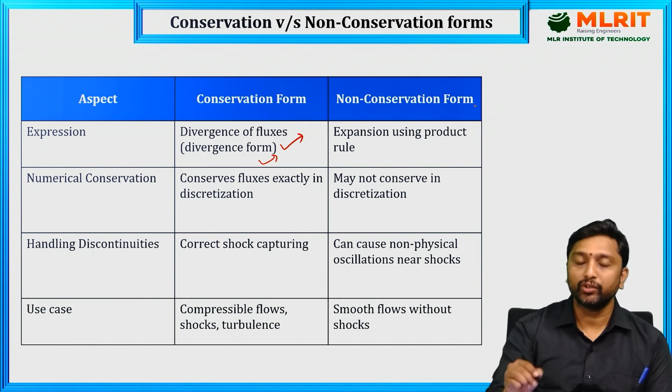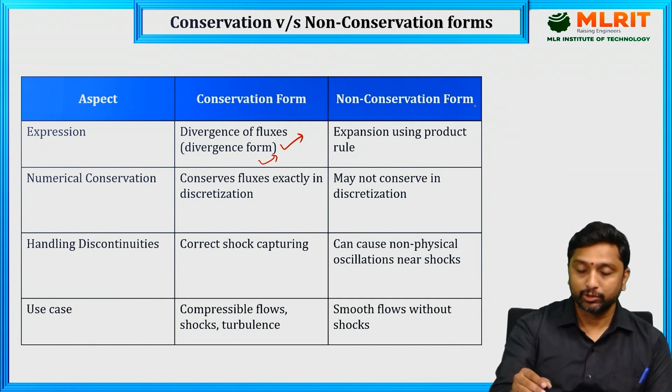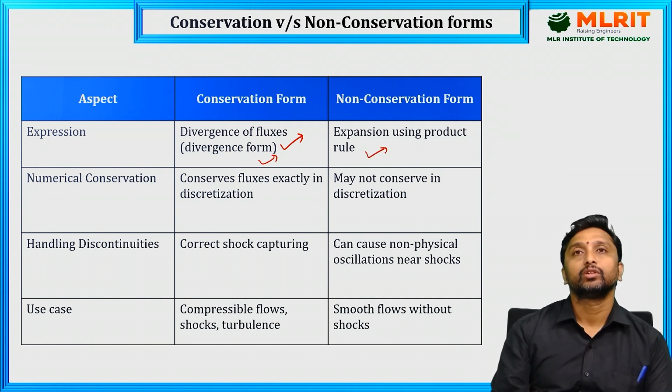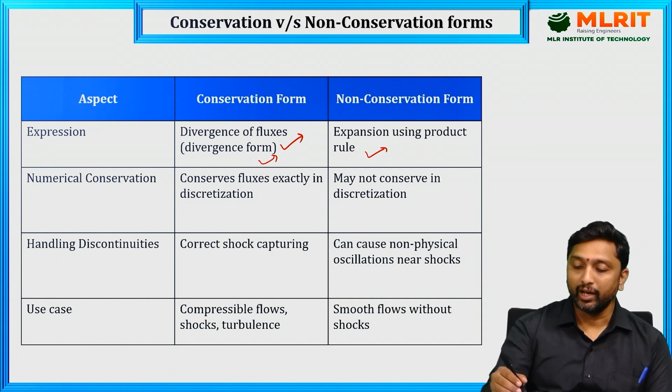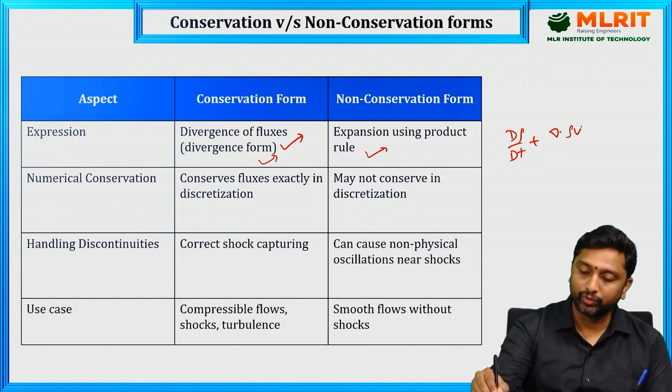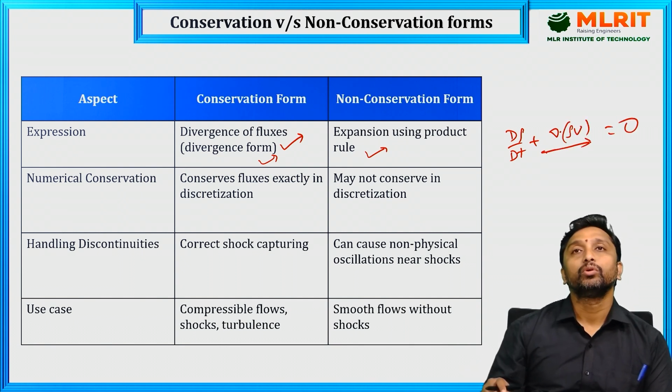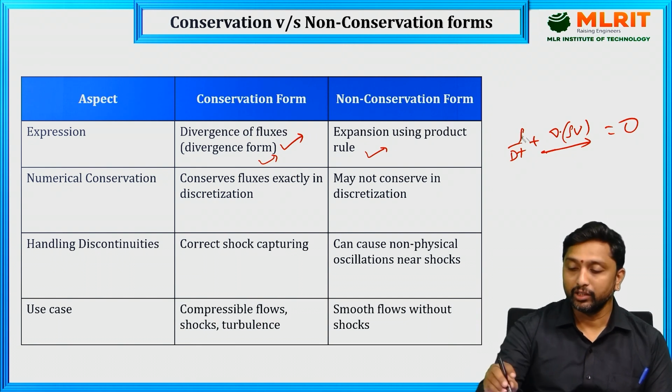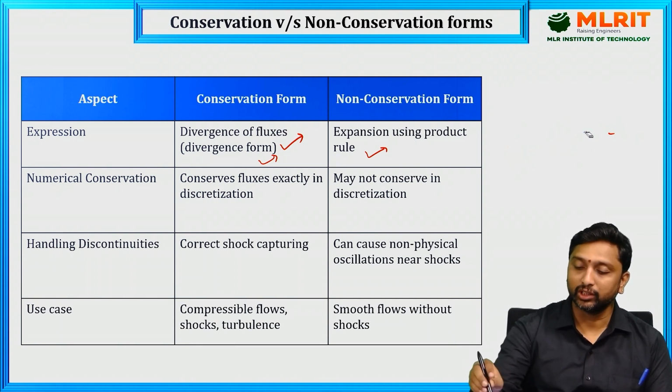Whereas non-conservative form has expansion using the product rule. That means we have D rho by Dt plus divergence of rho v. Then we have to expand this. Then only we are going to get the result. And these always involve substantial derivatives.